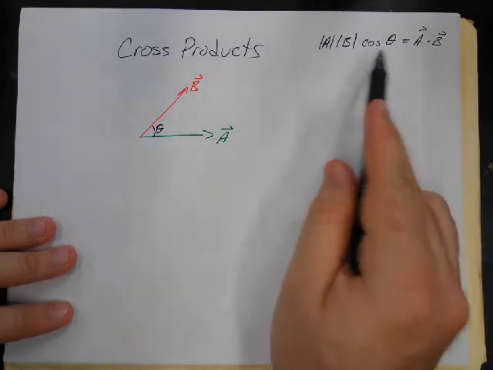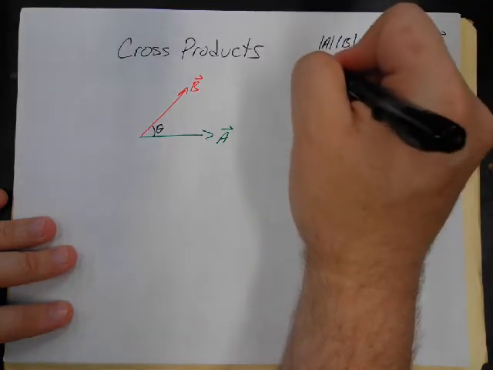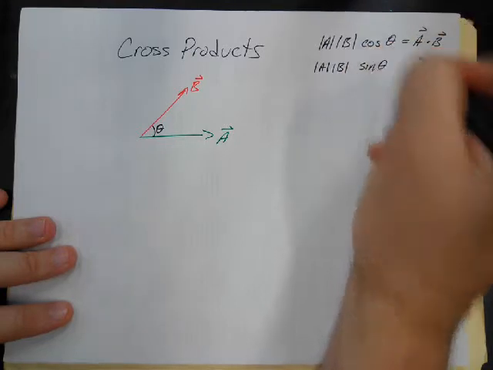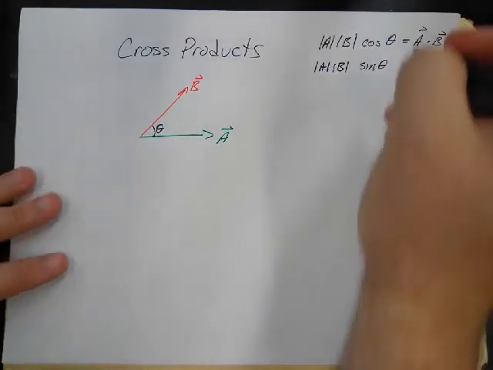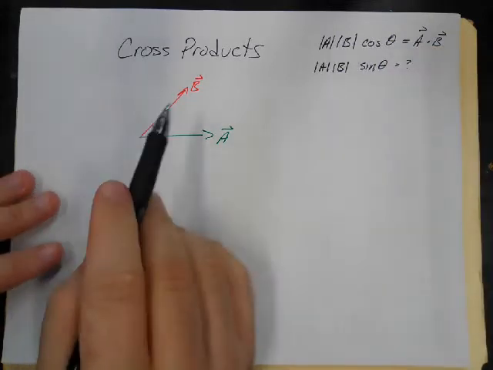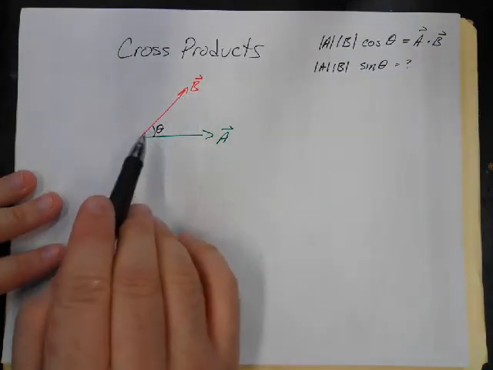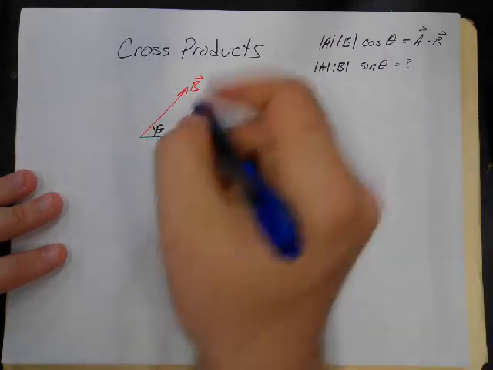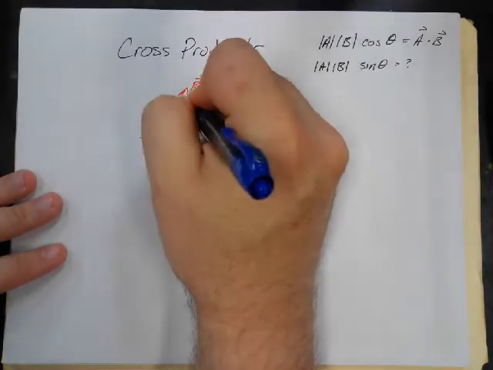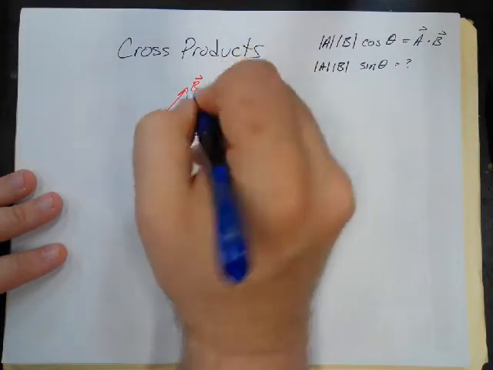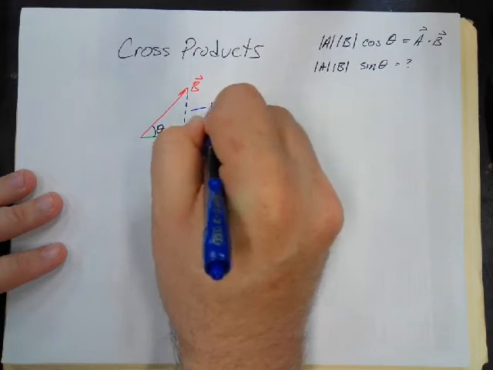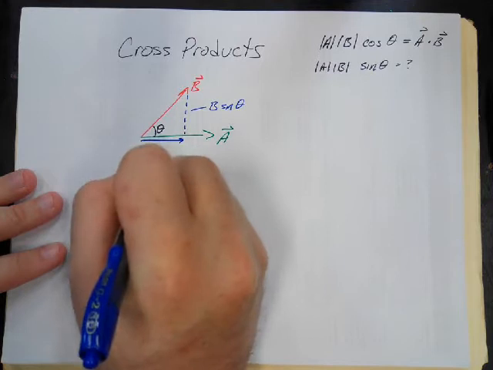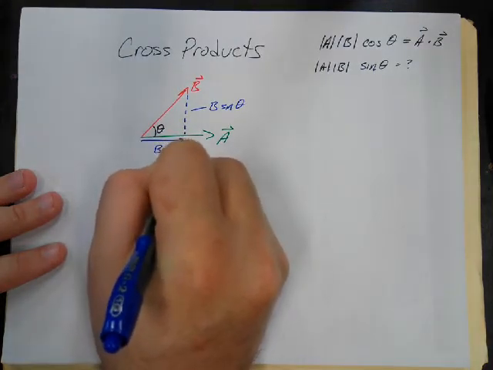Well, what if we did something else? What if we did A, B, sine theta? What does that equal? Well, when we took A dot B, there were two components to B. There's this one I'm drawing in, which is B sine theta, and then there was this one along A, which was B cosine theta.